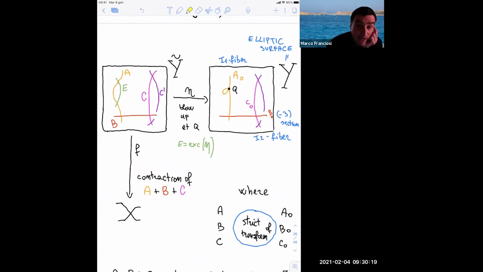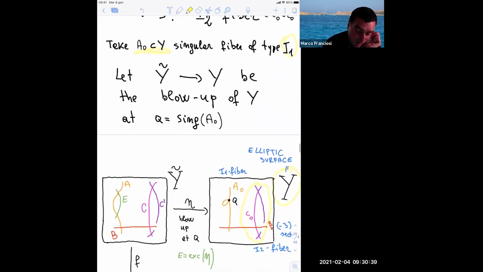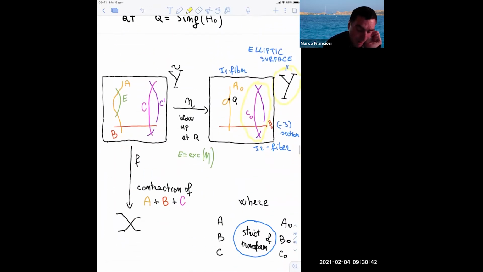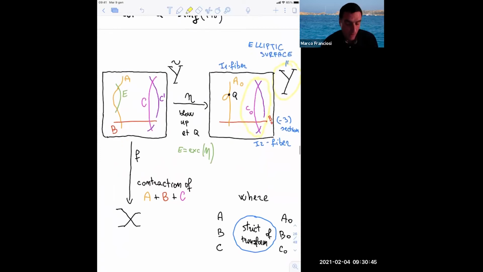Okay, so we start with Y, an elliptic surface. We have an I1 fiber, which we call A0, with a singular point Q. Here we have our singularities of type I2, and we blow up Q. So in the blow up, we obtain A, this curve. We have E, the exceptional divisor, and we consider the strict transforms of B0 and C0.